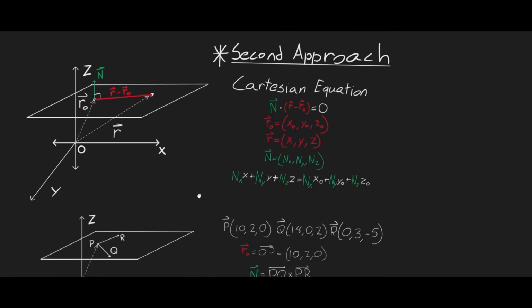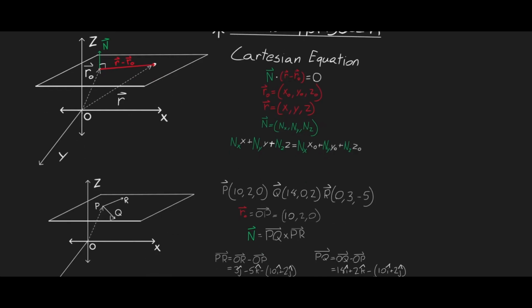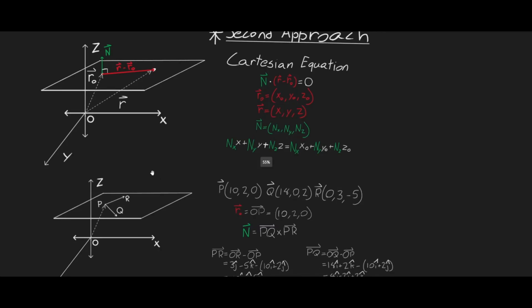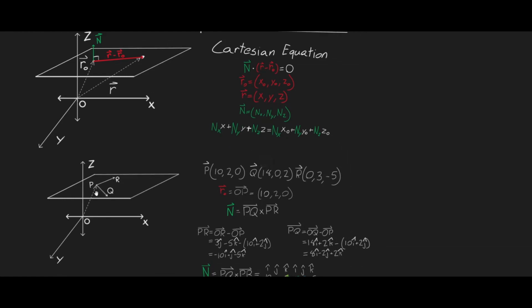So to find n, the normal vector, we're going to use these two vectors here, PQ and PR, which are two parallel vectors to the plane. So to find n, we need to find PQ and PR. So just as we did in the last approach, PR is going to be OR minus OP, and PQ is going to equal OQ minus OP.